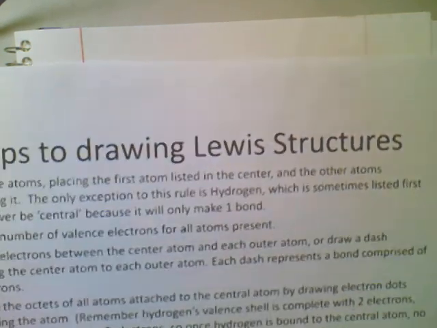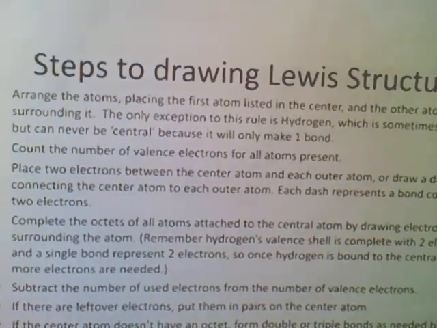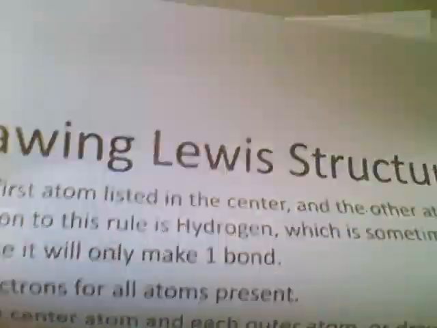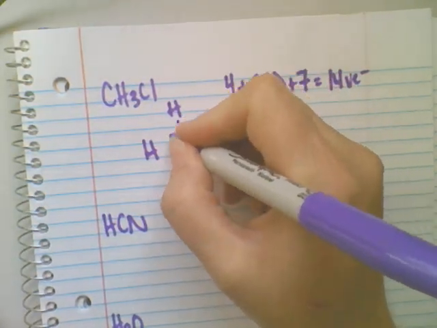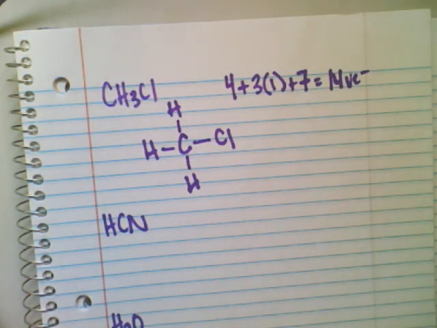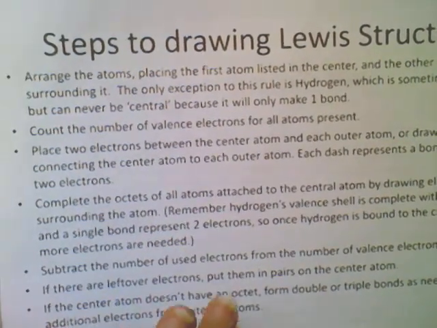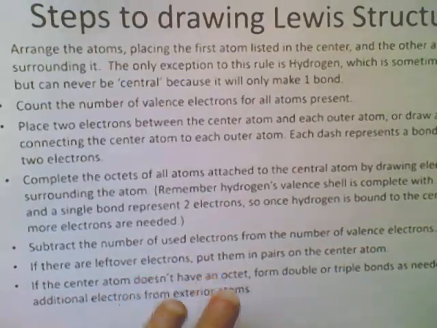The next thing, it says place 2 electrons between the center atom and each outer atom, or you can draw a dash to represent 2 electrons. I like to use dashes. So each of these dashes represent 2 electrons connecting those elements to the center atom. The next thing we're going to do is complete the octet of each of the outside atoms. We aren't doing this to the center atom.